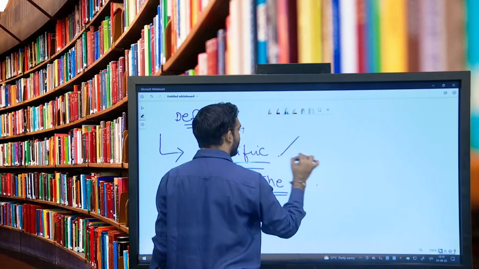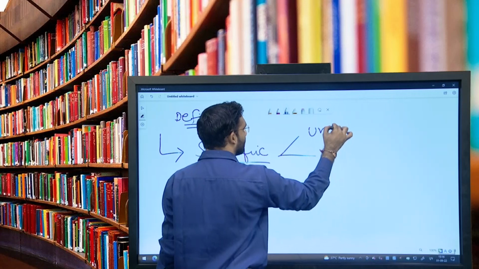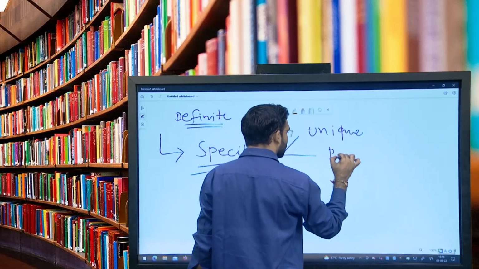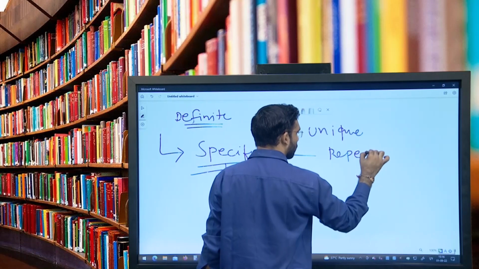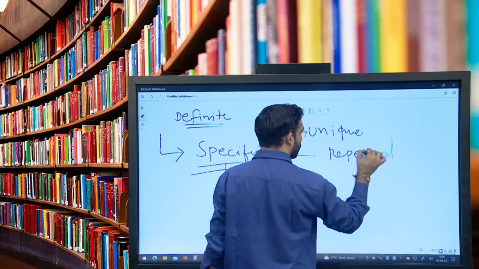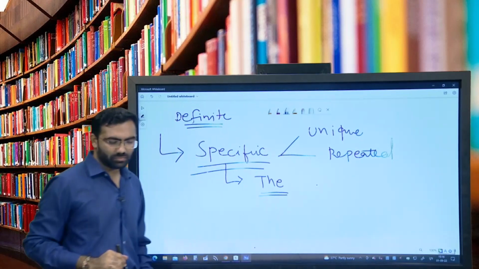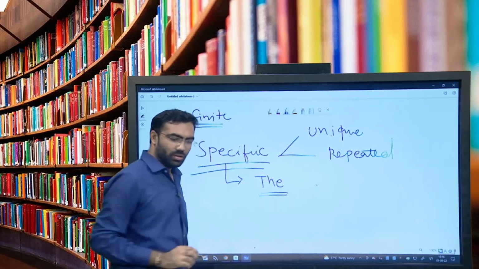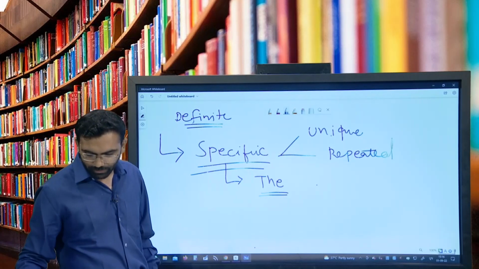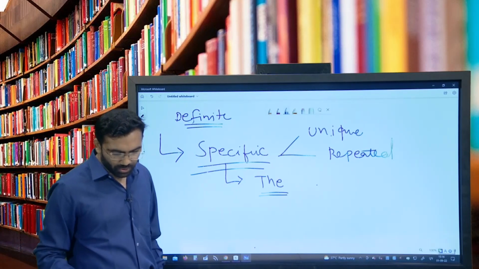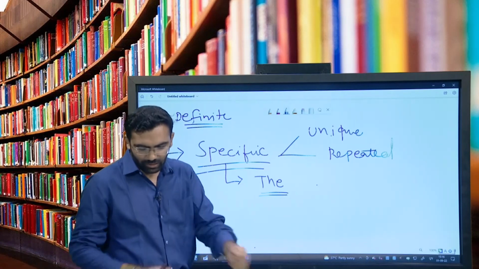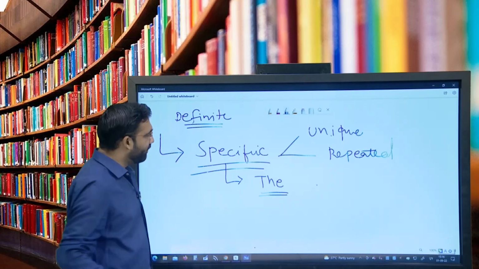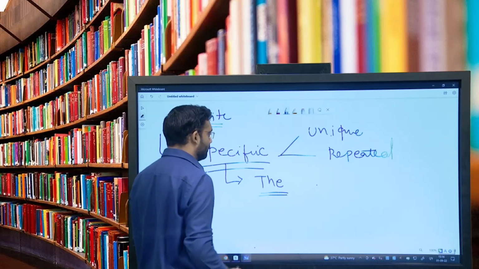So specific can be unique or repeated. It should be unique or repeated. Once it becomes repeated, you would be able to use article the also. Fine. Let's look at some examples.